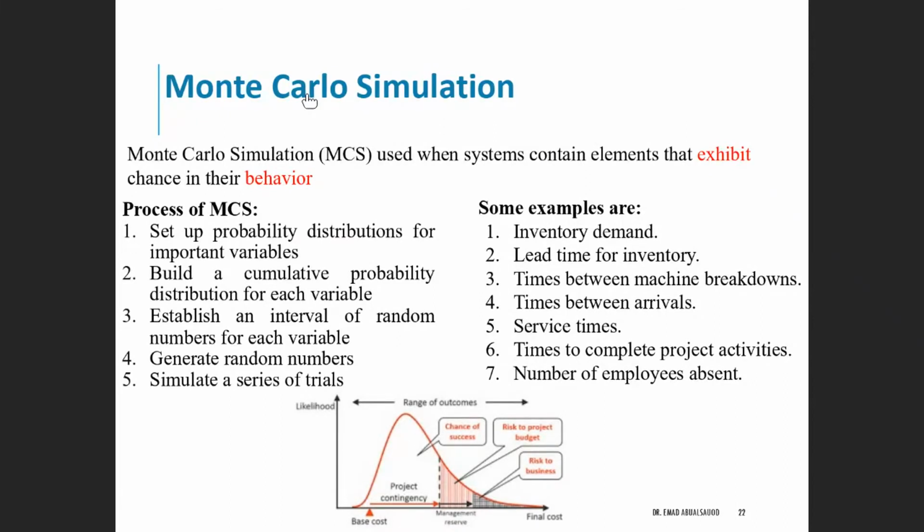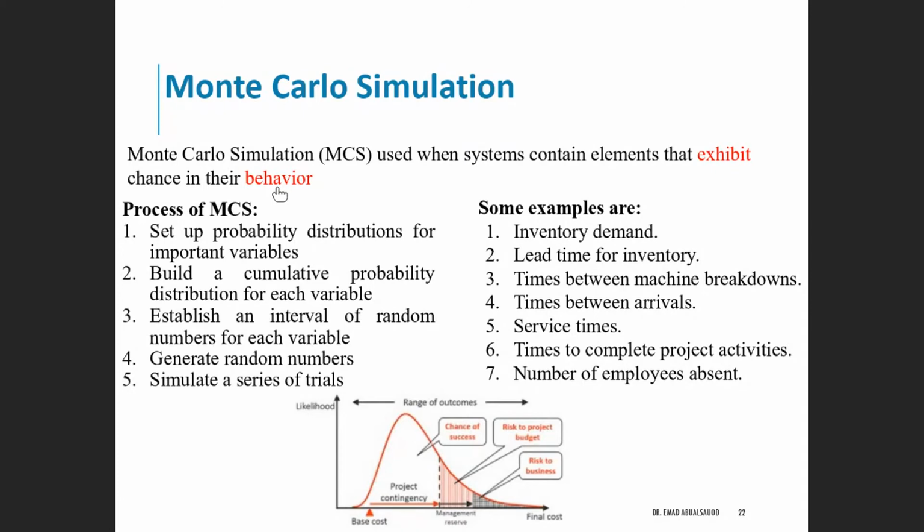the future. So the Monte Carlo simulation, or MCS, is used when the system contains elements that exhibit chance in their behavior, and that's the meaning. The chance behavior is part of the nature of this system's work, so you can predict how the future will happen.